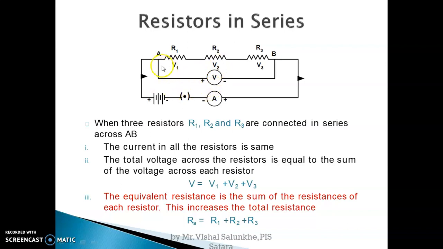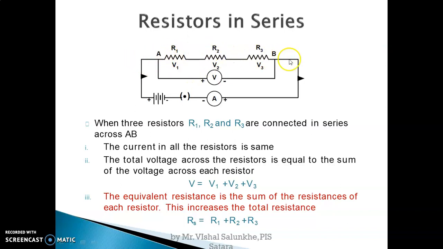My dear students, listen very carefully: as resistors are connected in series, they are across the same path. So in a series combination of resistances, the path is the same, so the current is always constant.